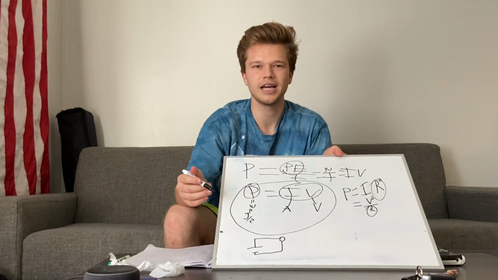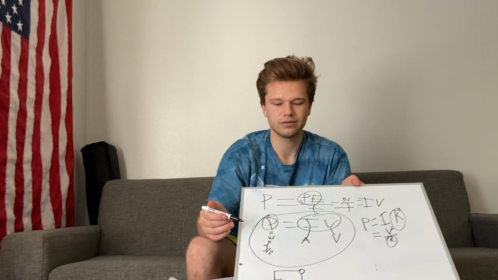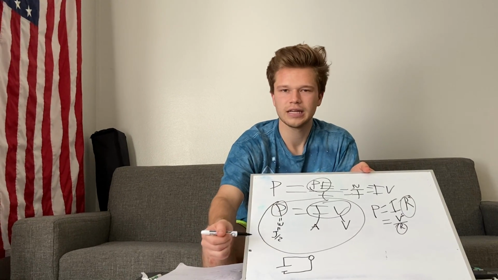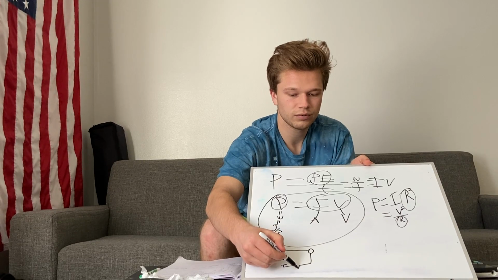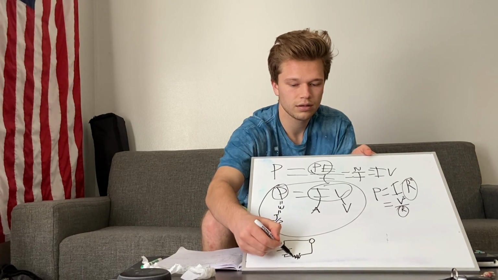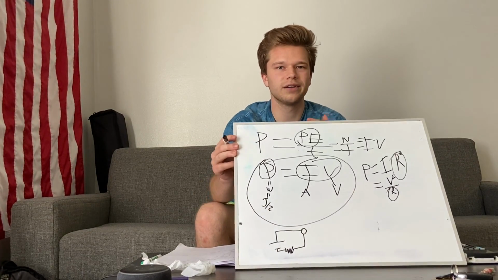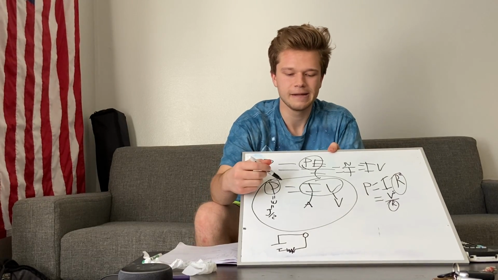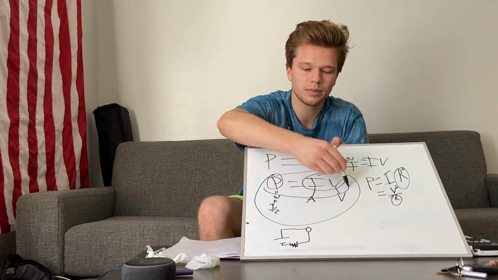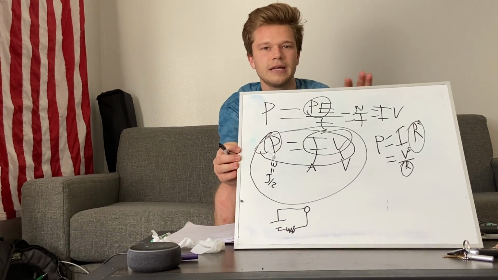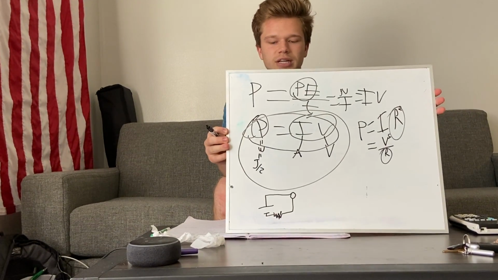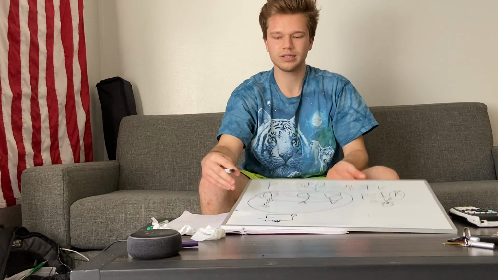We don't have a resistor in this circuit. Sometimes we do. Sometimes we can have a little resistor, but that's not always there. And so that's why this one is always applicable, because you'll always have current and voltage to determine what your power is in the circuit. And so let's do a quick example.